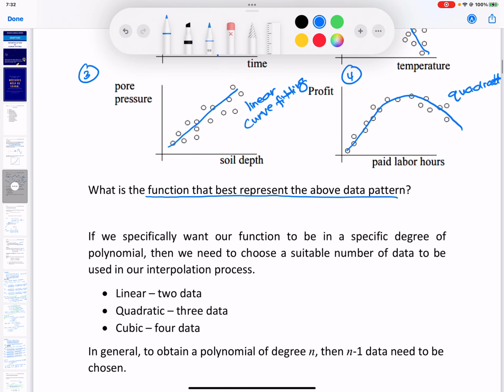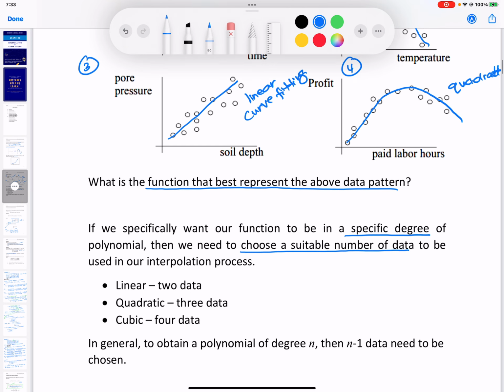Okay, so if we specifically want our function to be a specific degree, means that you have decided that you want a linear function or quadratic function or cubic function, you can choose a suitable number of data.